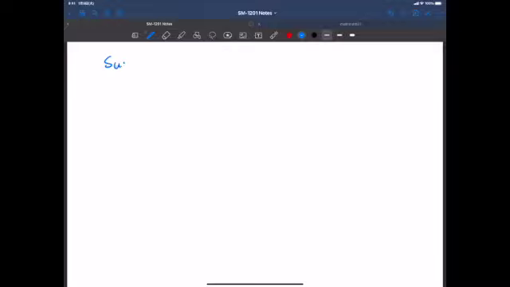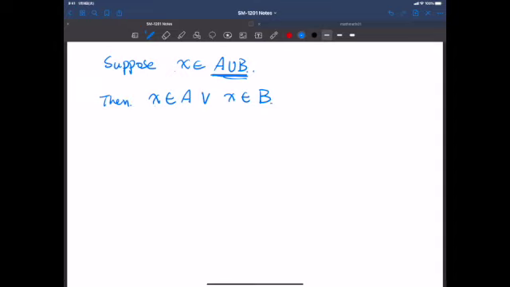Suppose x belongs to A cup B. Then, by the definition of the union, this proposition holds: x belongs to A or x belongs to B. Of course, this logical statement doesn't depend on the order.